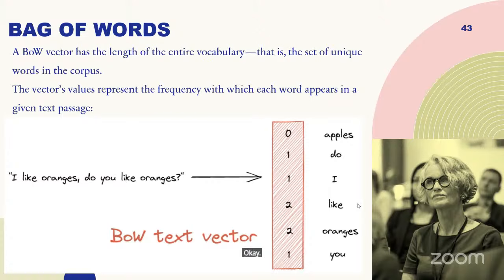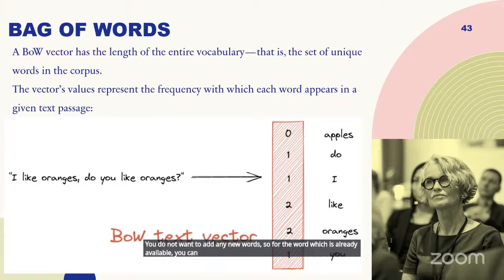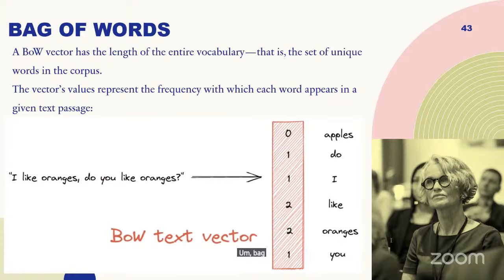Okay, the professors can find out the bag of words for the statement I had given. You do not want to add any new word. For the words which are already available, you can just give me the bag of words in the same order as given. Usually it will go with chronological order. You can take it as chronological order, that will be better. So first comes A. You can start with that.